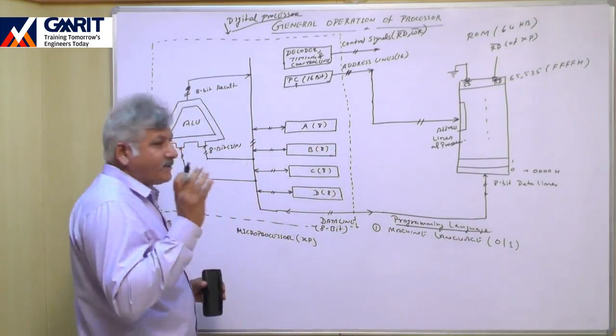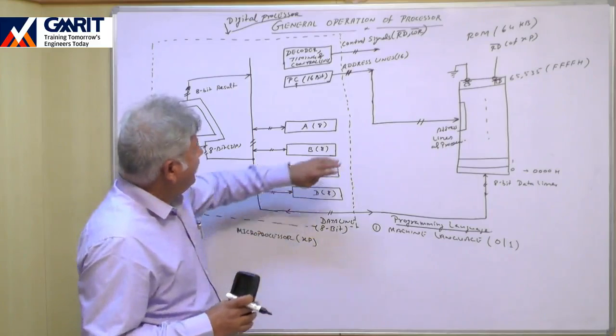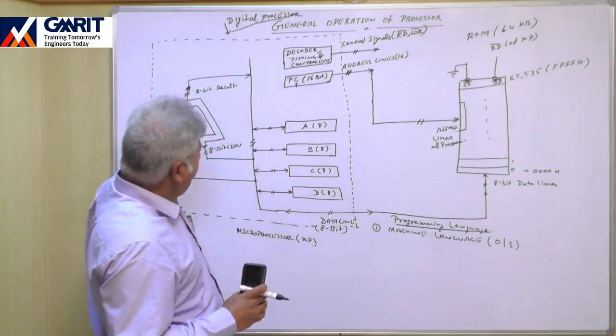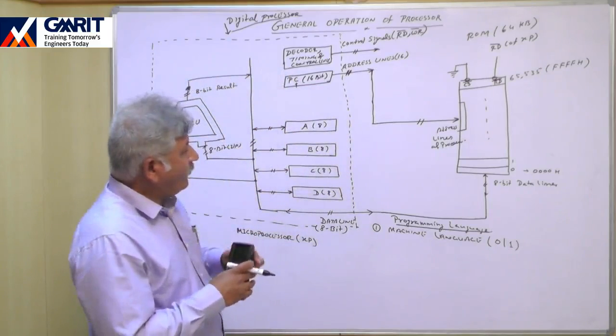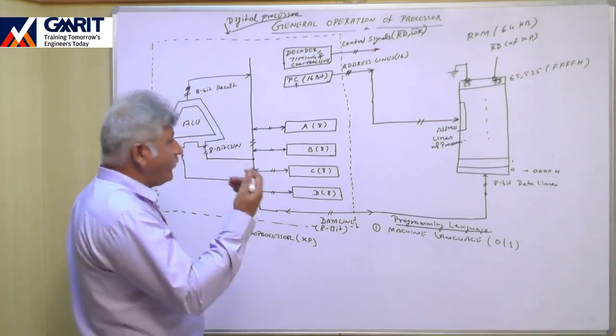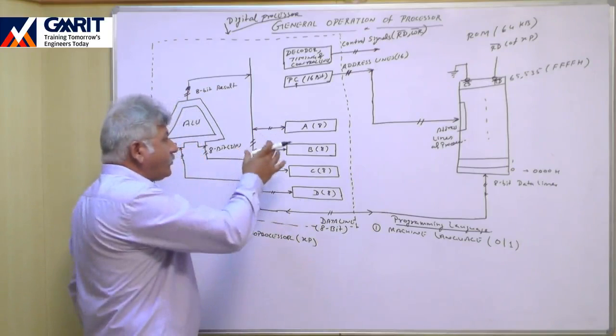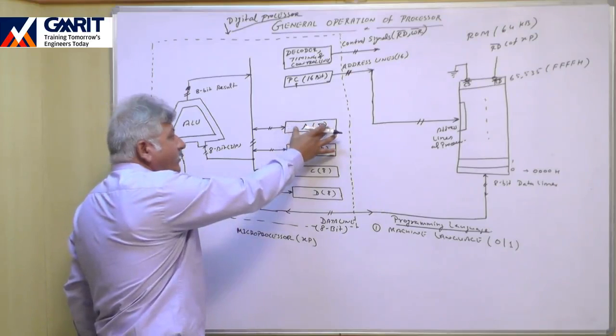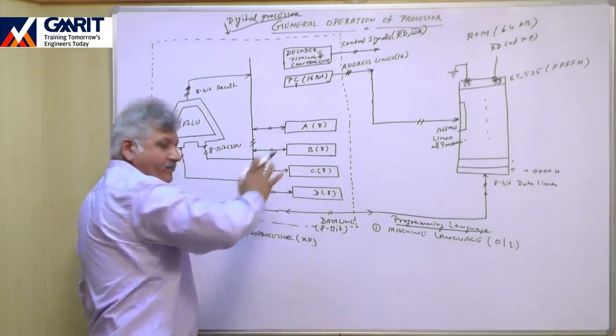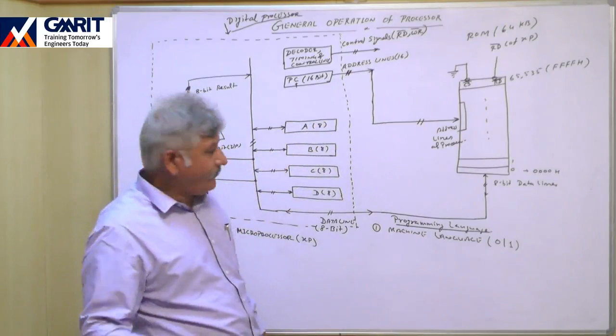Now you just understand one thing. Suppose we want to perform the addition of two 8-bit numbers and those numbers are already stored in register A and register B. Let us take one example.